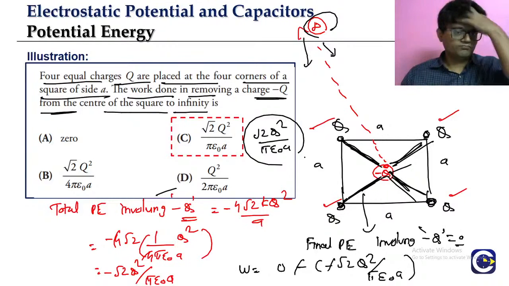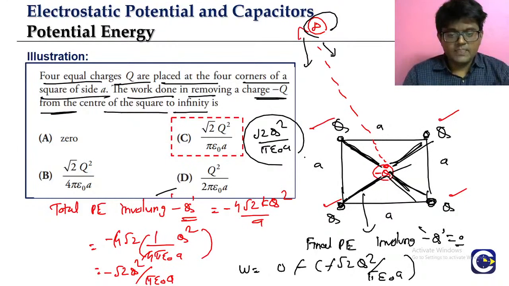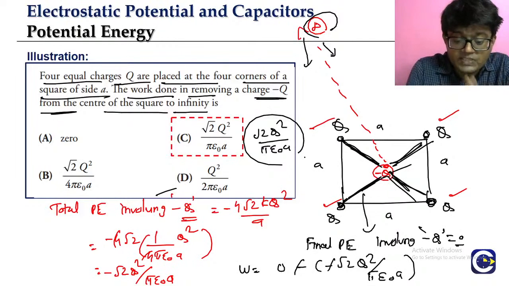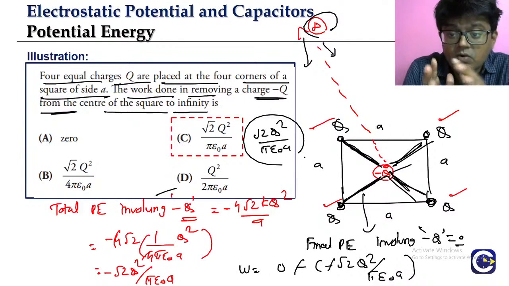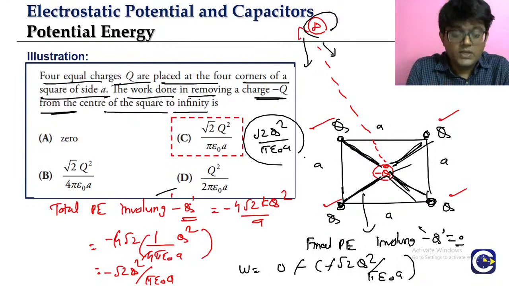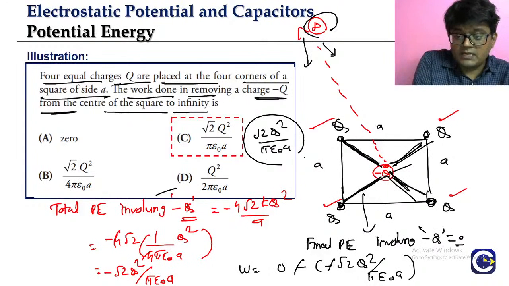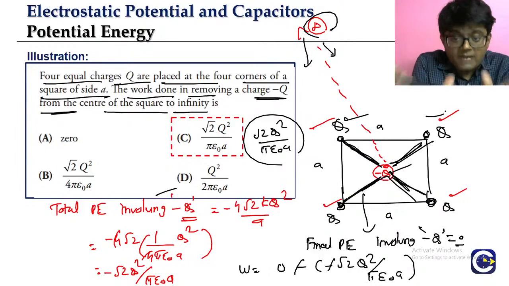So இதுல ஒரே ஒரு என்ன தெரியுமா, we are looking at only the change in the potential energy for the potential energy terms involving minus q. ஏனாலன்னா only minus q-ஓட position மட்டும் is changing. Other potential energy terms, நீங்க இங்க பாருங்க, this q and this q, that is also a pair, அது அப்படியே இருக்கு.